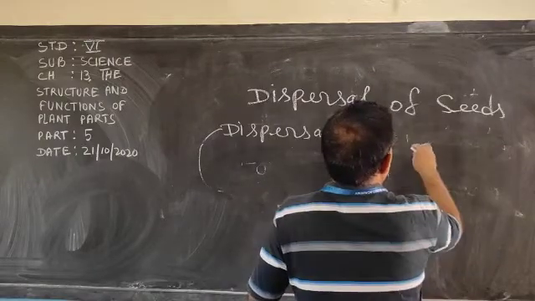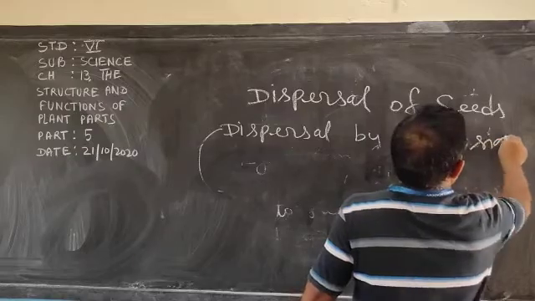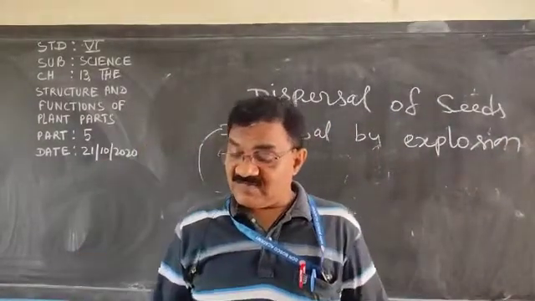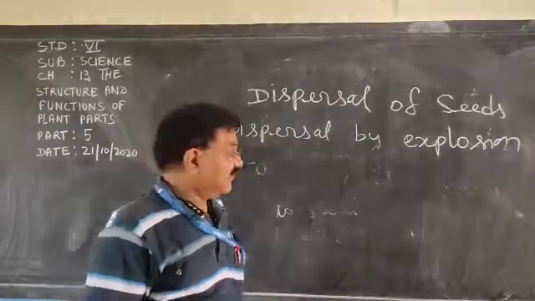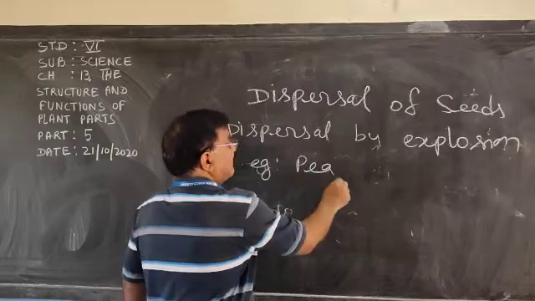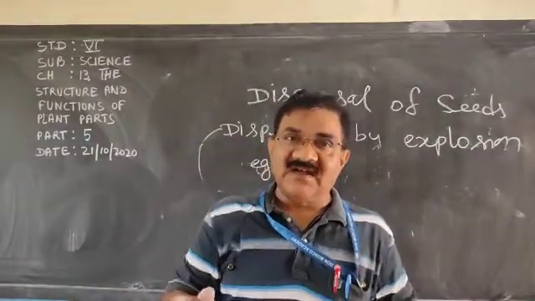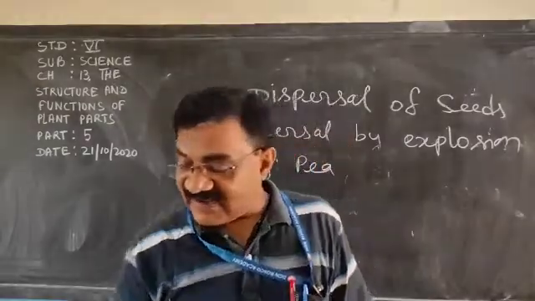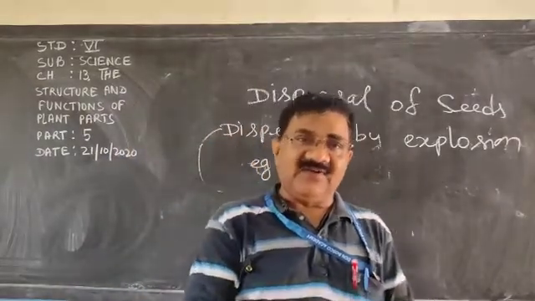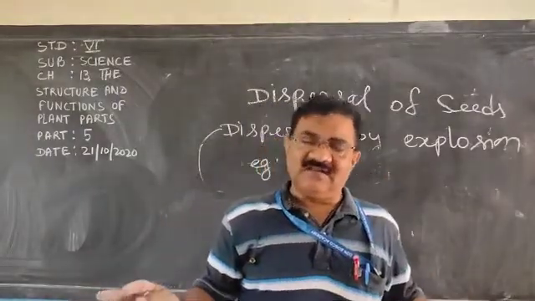Some seeds, when mature, explode. Example is pea. When the seed matures, it will burst, and the seeds will be scattered here and there. Mustard also, and this way the seeds will be dispersed from one place to another place.